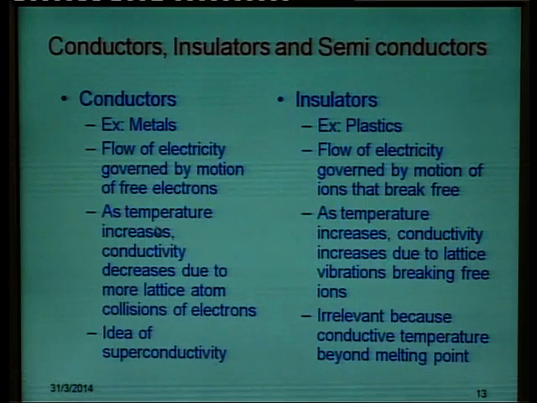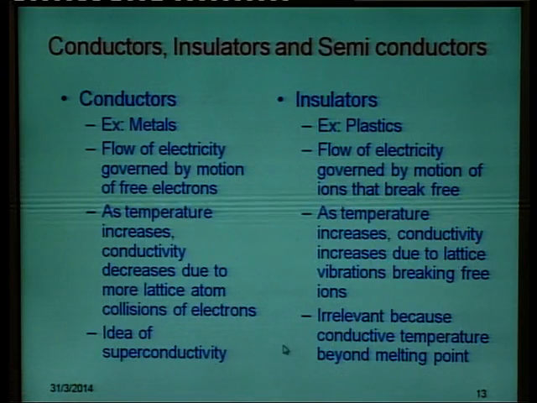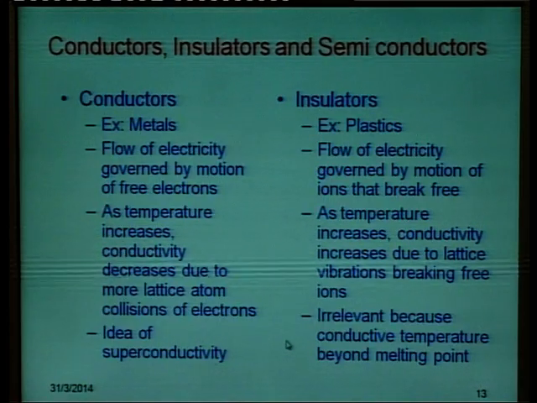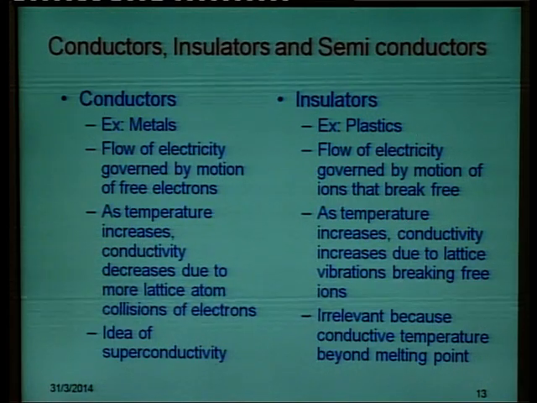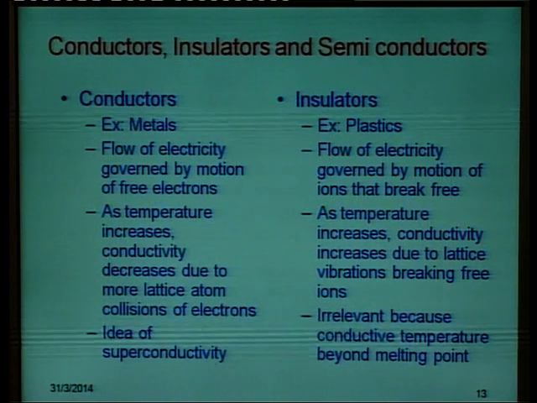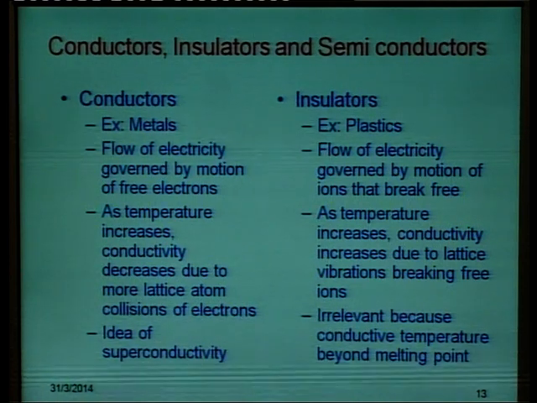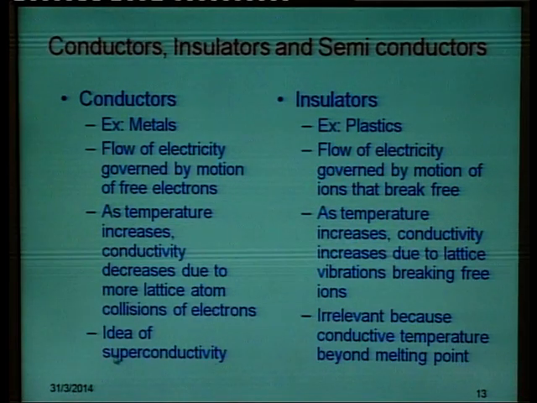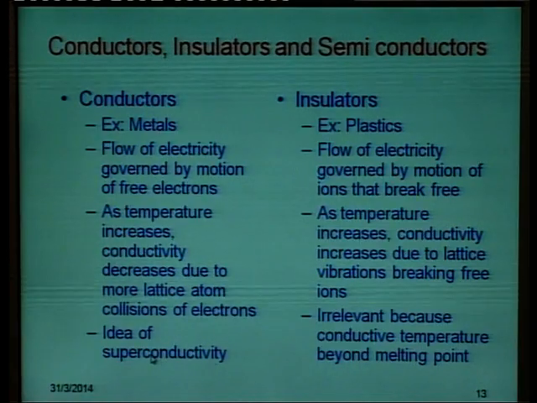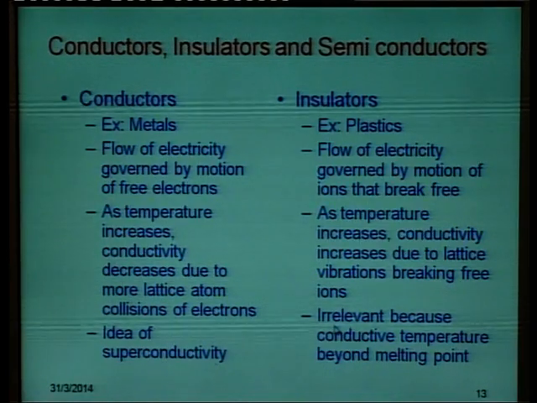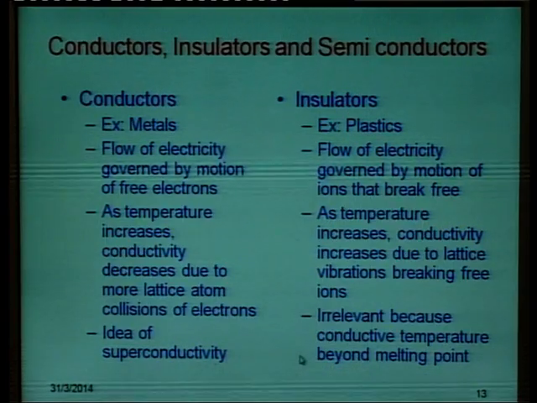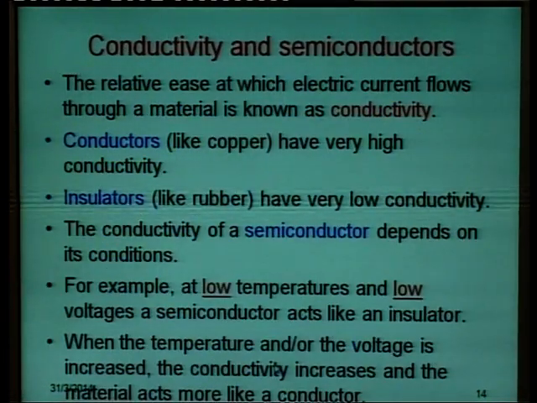In conductors, as temperature increases, conductivity decreases due to more lattice atom collisions of electrons. In insulators, as temperature increases, conductivity also increases due to lattice vibrations breaking free ions. From conductors, you get the idea of superconductivity, and it is irrelevant in the case of insulators because conduction at temperatures beyond the melting point is not possible.